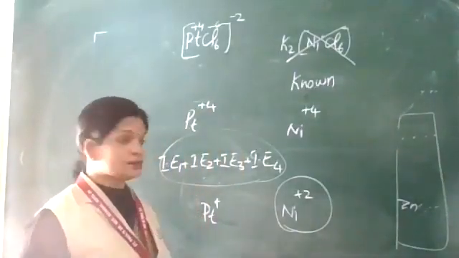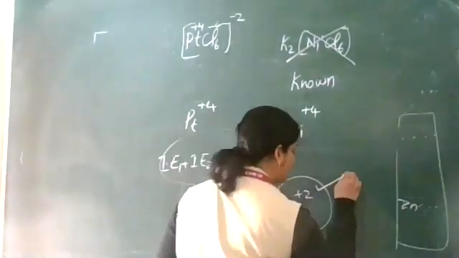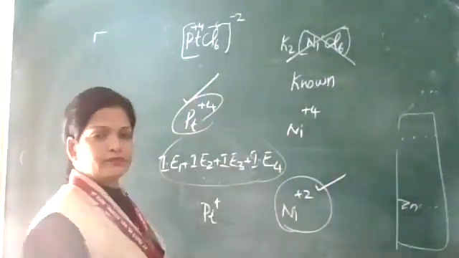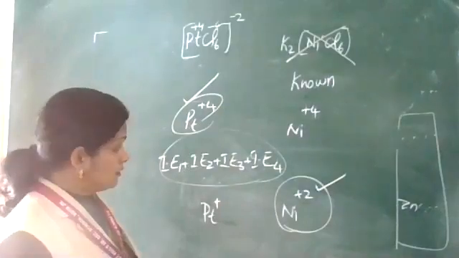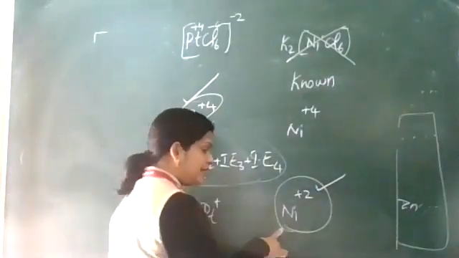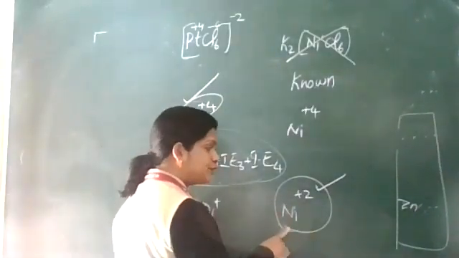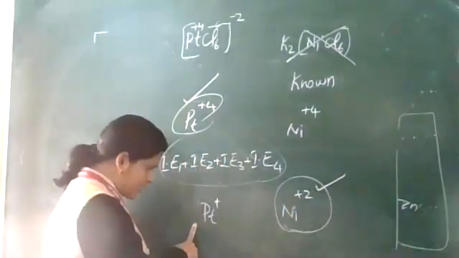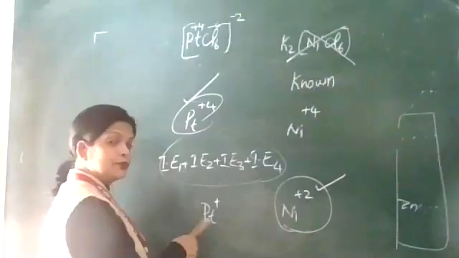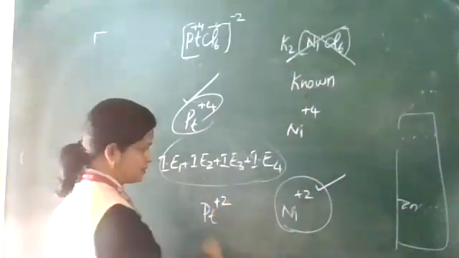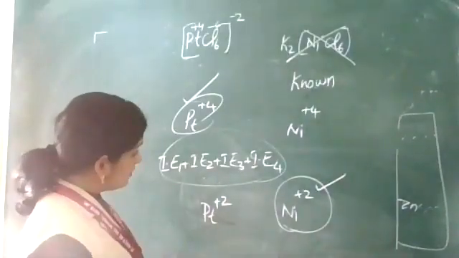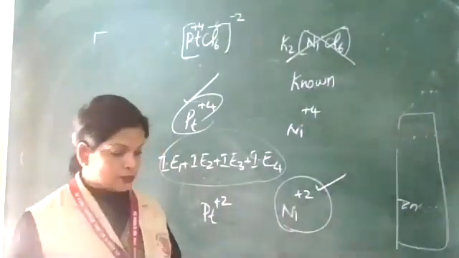Plus 2 is stable for nickel, plus 4 is stable for platinum. Here what you have to write is that IE1 plus IE2 of nickel is less as compared to IE1 plus IE2 of platinum. Right? So the same question you can write in this format also.